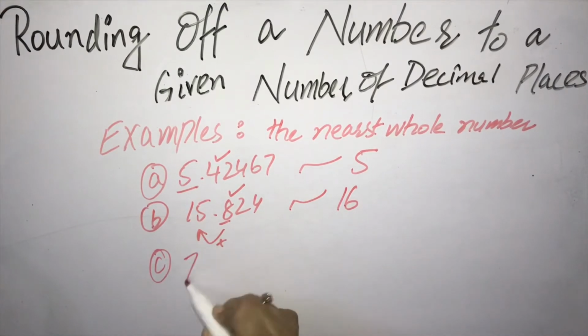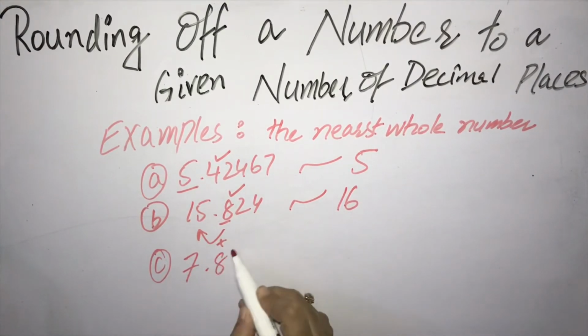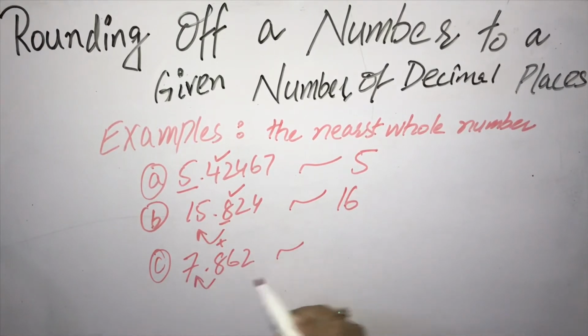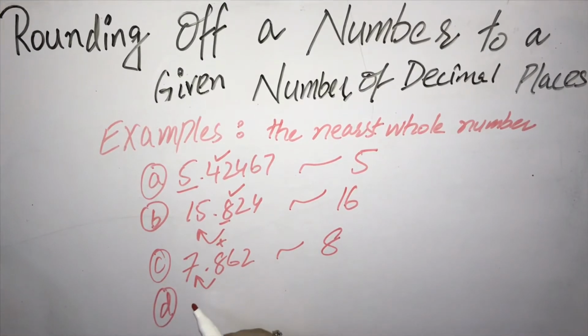If you have 7.862, definitely the nearest whole number will be 8. If you have 130.829, the nearest whole number will be 131.